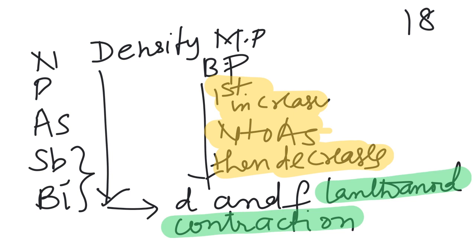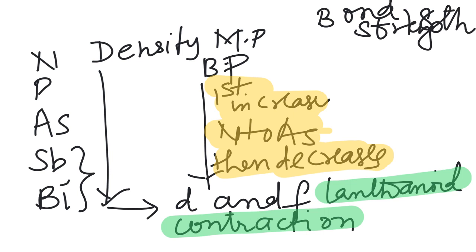Then what about the bond strength? Generally they form single bonds, and the single bond strength decreases down the group. Then nitrogen is an exception. You know why?